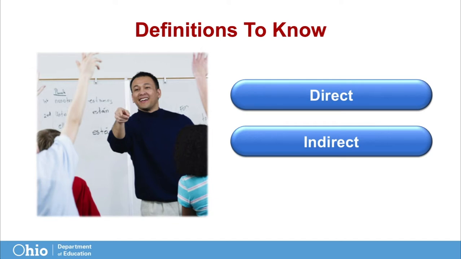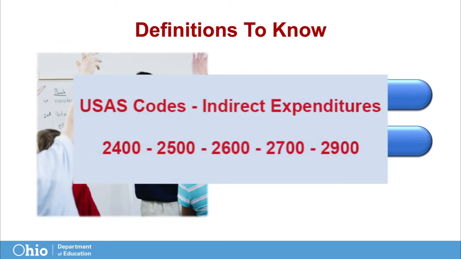The federal regulations describe accounting and payroll, personnel management, or human resources as examples of organizational disciplines associated with indirect costs. Ohio's Uniform School Accounting System, or USAS, function codes that have been identified to encompass indirect expenditures are 2400, 2500, 2600, 2700, and 2900.